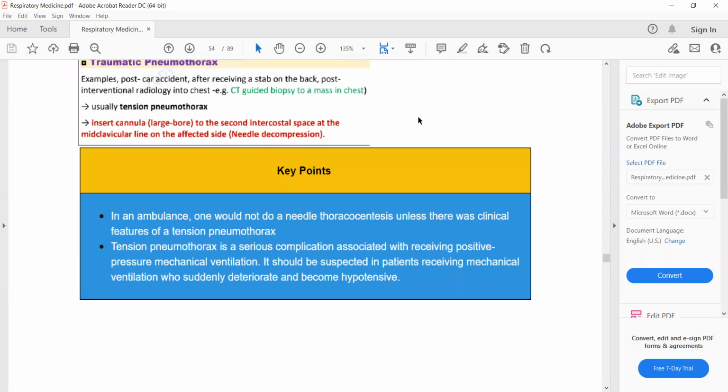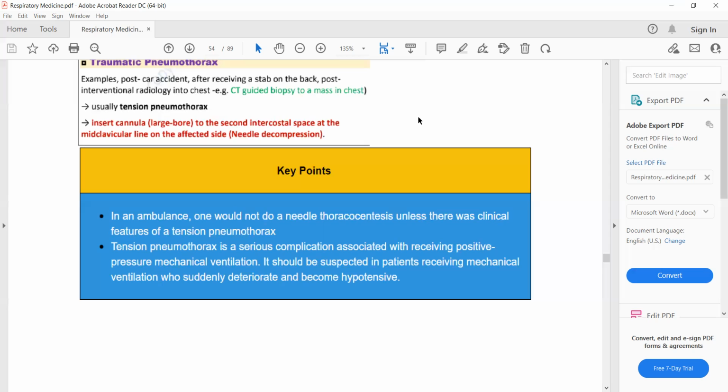Now, a fourth cause that is also very important is positive pressure mechanical ventilation. So if a person is on a ventilator and he suddenly deteriorates and becomes hypotensive and his neck veins become distended, we'll think about tension pneumothorax because it is a serious complication that is associated with positive pressure mechanical ventilation.